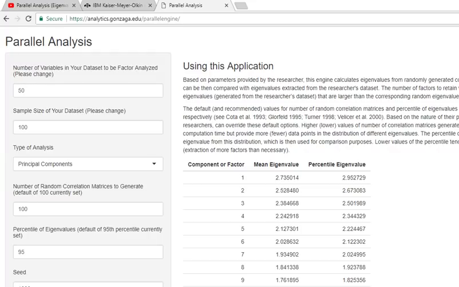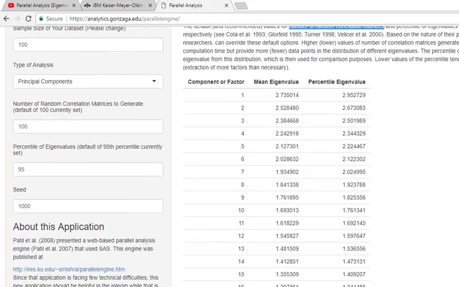It involves generating random correlation matrices, as you can see in the description right here, and then generating the eigenvalues from each of those correlation matrices, plotting a distribution of the eigenvalues, and then using a certain cut point to plot against the eigenvalues that you observe in your data. From that you can determine how many components to retain.